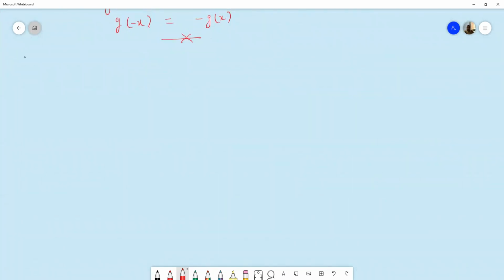Now we have this application, the bisection theorem of the Borsuk Ulam theorem.